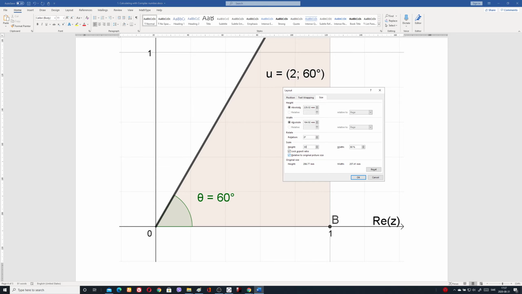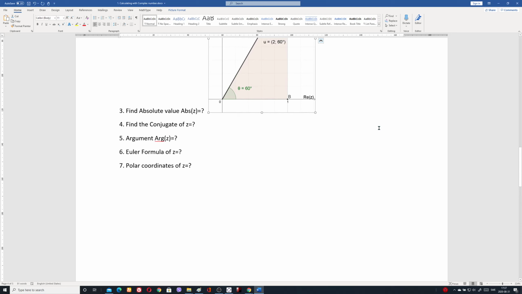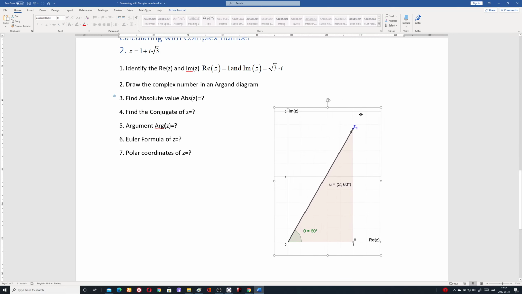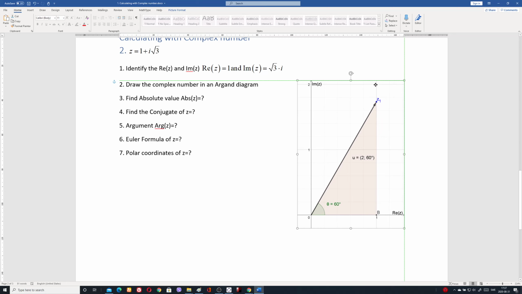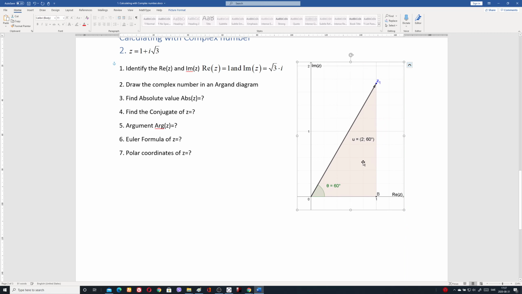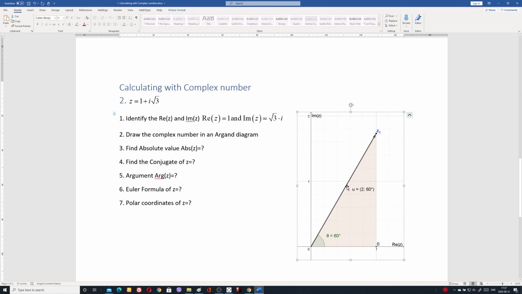I will take 30%. I will take OK. Let me see now what happened. Okay, so now I must adjust the height here. Something like that. It's okay. So this is the Argand diagram here in the complex plane.